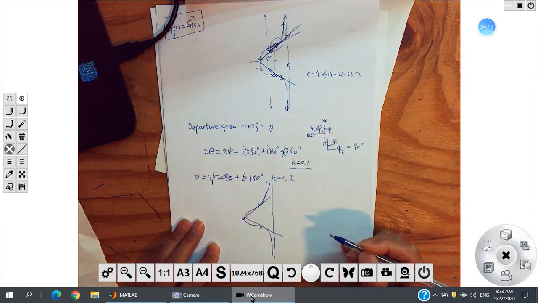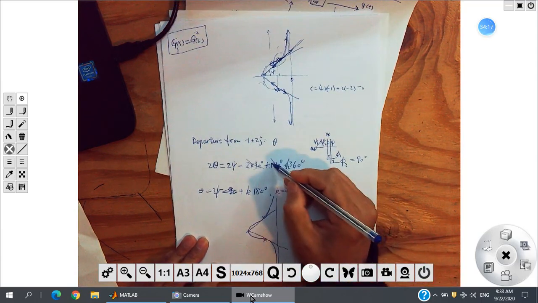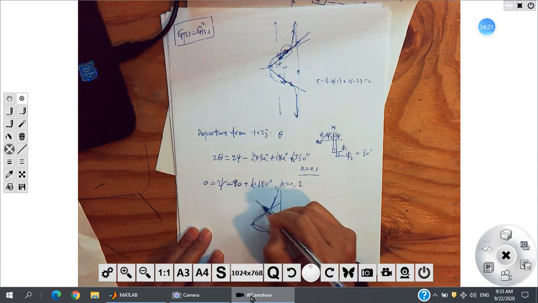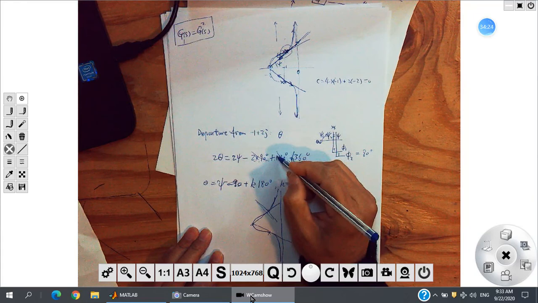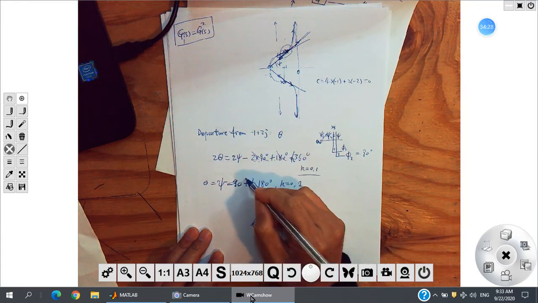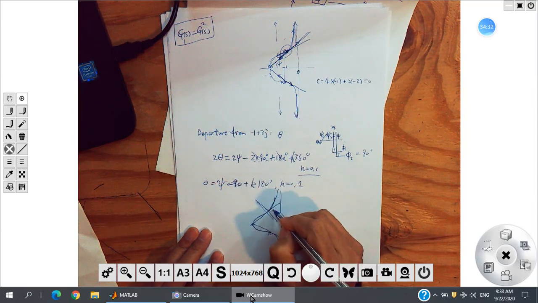Alright, this is a departure. And for the negative side, you remove this 180, so here you need one more minus 90 degrees. You have these 2 directions.